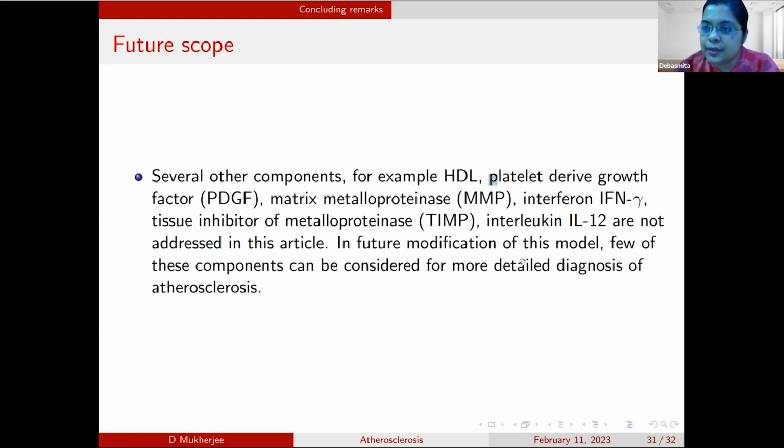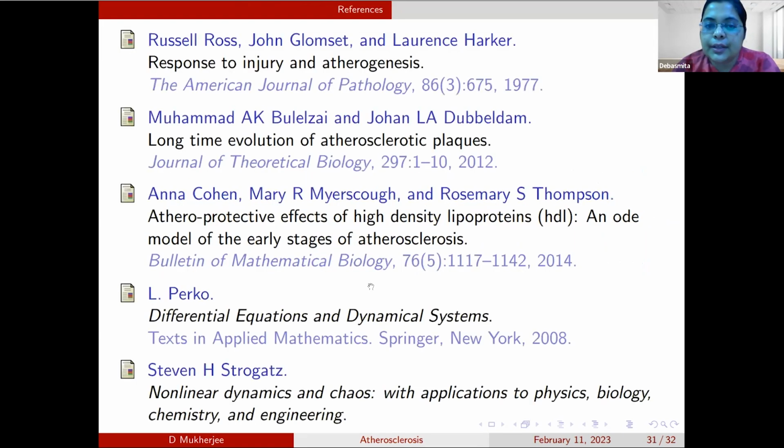All these components and how they are involved in plaque formation, we can develop with some models and do further investigations also. These are a few references from my talk.